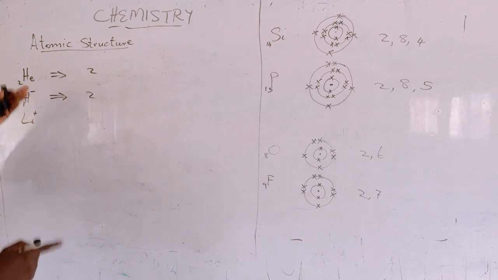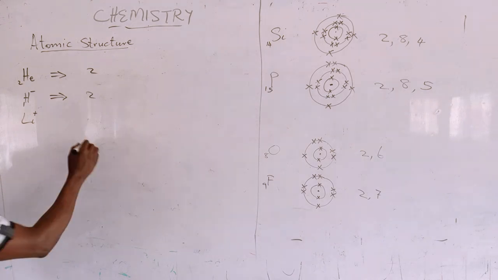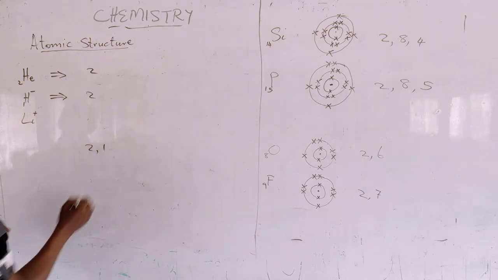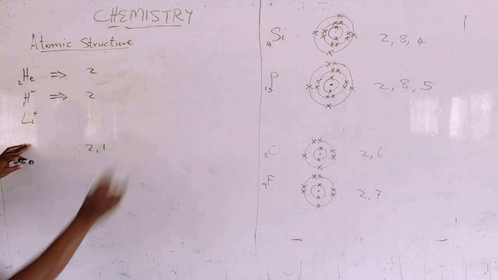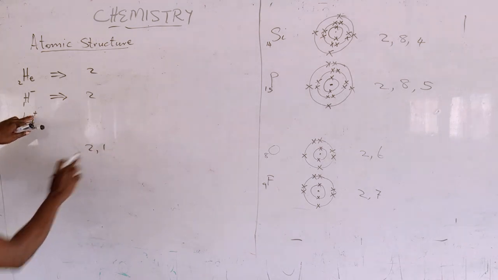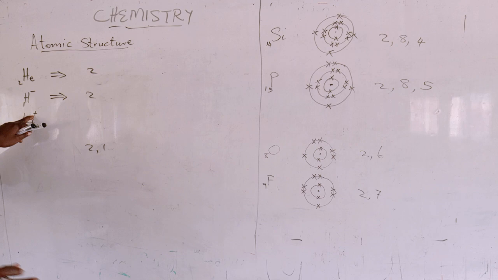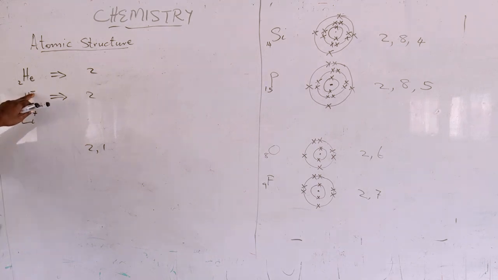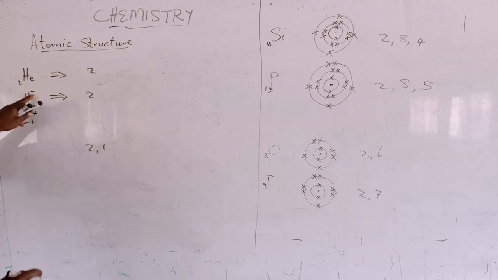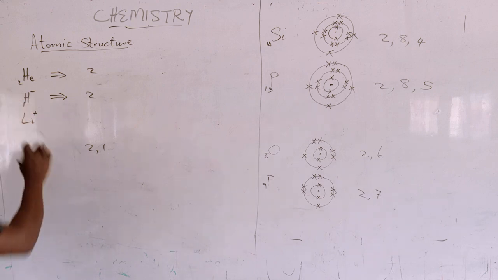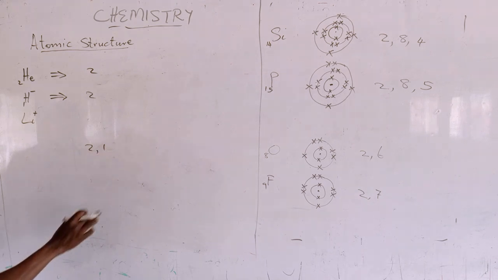Remember the lithium that we just finished has 2, 1. After donating 1 electron, it remains 2 and plus because it has given out. This one carries minus because it has borrowed. Any plus means given out. Any minus means collecting. So this one has donated 1 electron out.